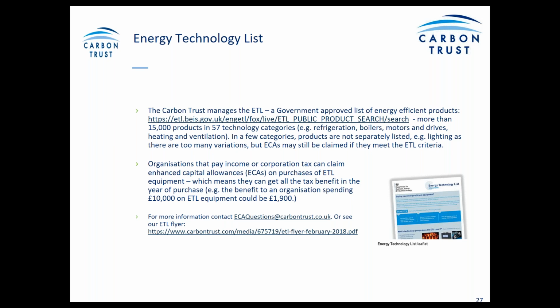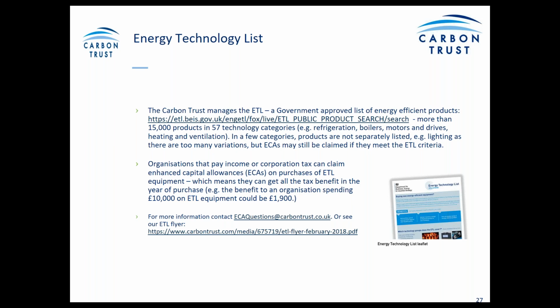So for example, lighting, as quite simply, there are just too many lighting products available on the market to list them all. But enhanced capital allowances may still be claimed if the lighting products being installed meet the energy technology list criteria.